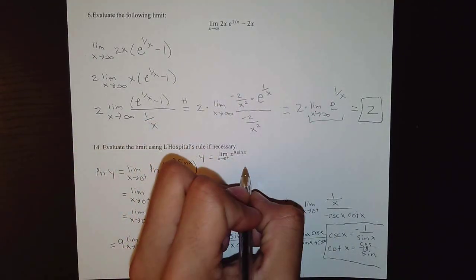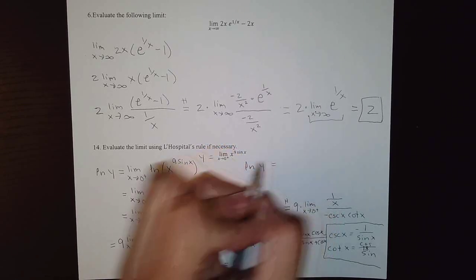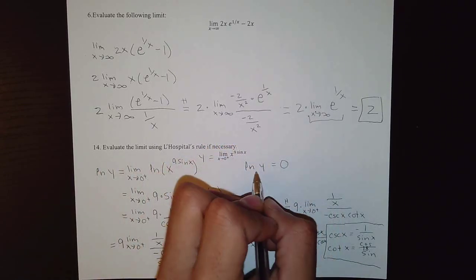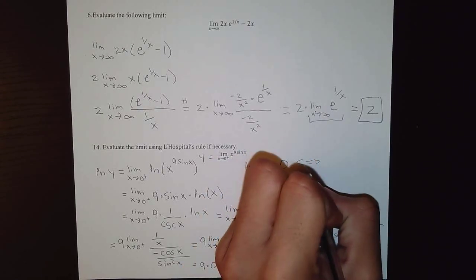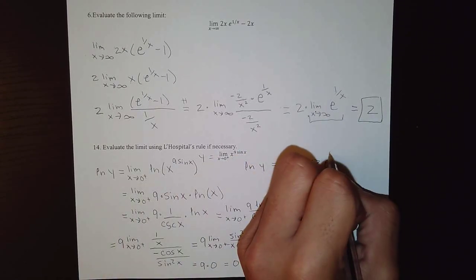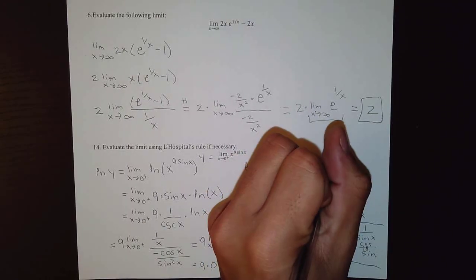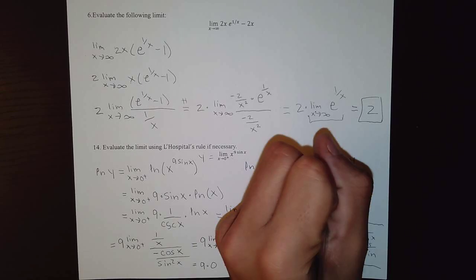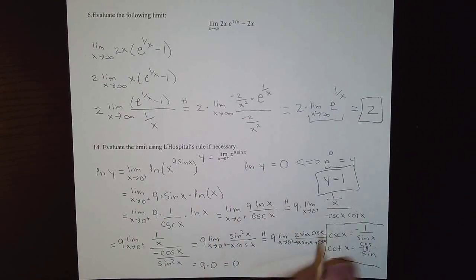Well, we can use a property of what it means to be a natural log. So this is true if and only if e to the 0 equals y. And so this would give us the value of y equals 1, or the limit is 1.